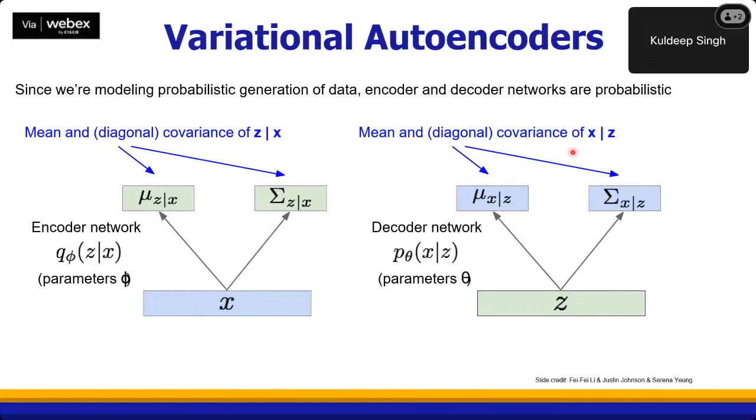So now our encoder network, which is Q of Z given X, X is the input, Z is the feature representation, which will be the output of the encoder network.